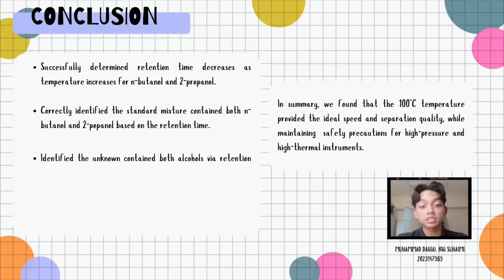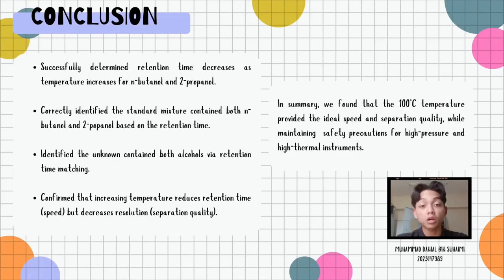To conclude our presentation, we have successfully met all 4 objectives by gas chromatography analysis. On the first objective, we successfully determined that retention time decreased as temperature increased for N-butanol and 2-propanol. Also, for the second objective, we correctly identified that the standard mixture contains both N-butanol and 2-propanol based on the retention time.